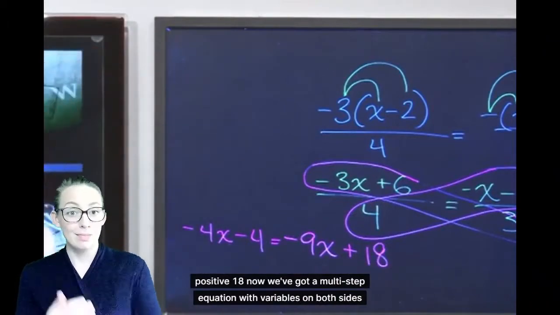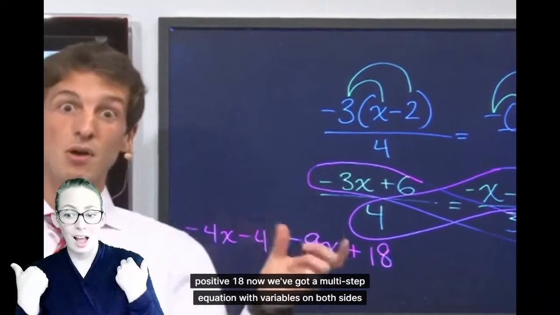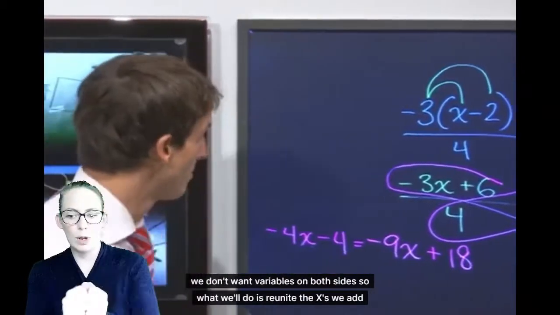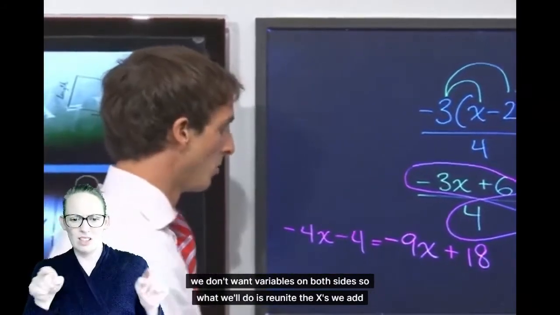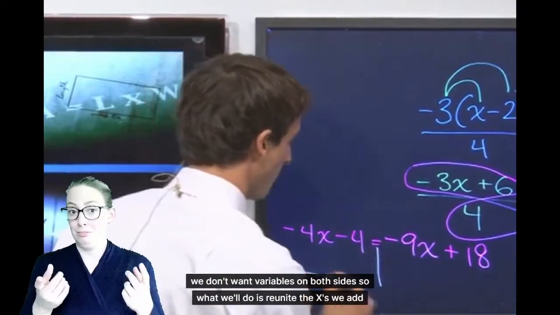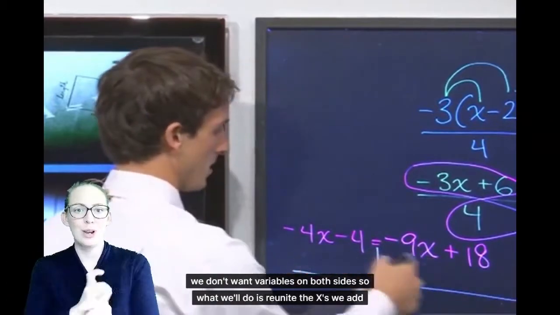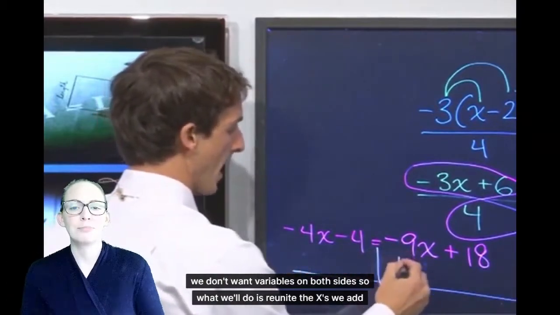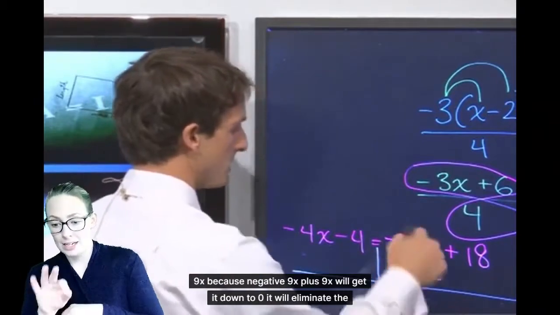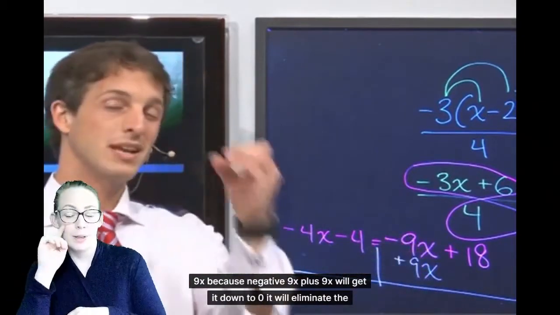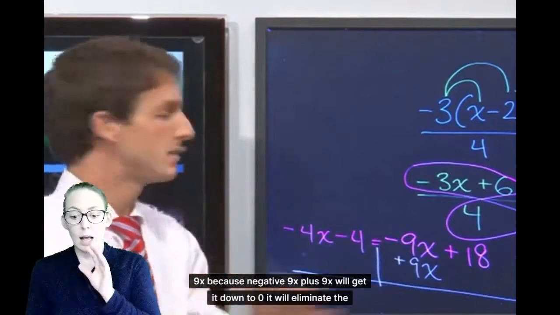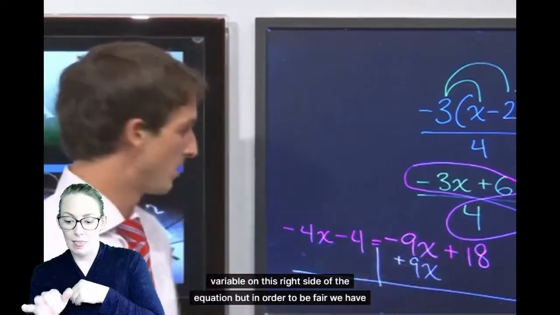Now we've got a multi-step equation with variables on both sides. We don't want variables on both sides. So what we'll do is reunite the x's. We add 9x because negative 9x plus 9x will get it down to 0. It will eliminate the variable on this right side of the equation.